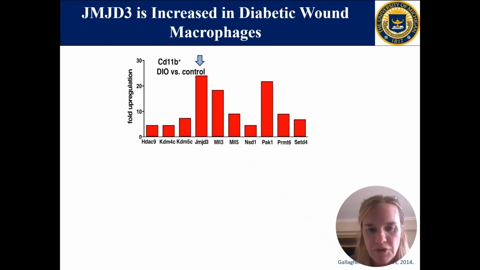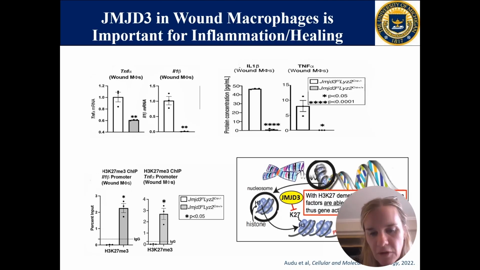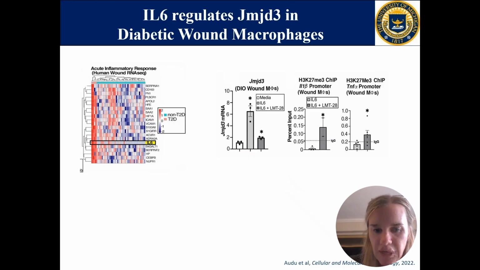And we found that JMJD3 was significantly increased in diabetic wound macrophages, again, from human and murine models of diabetes, and seems to control some classic inflammatory genes, TNF, IL-1B. When we look at it with our floxed mice, we can see that it's regulating these genes. In humans, we can see that in type 2 diabetic wounds, JMJD3 is really strongly increased. And it seems to be driven by an IL-6 receptor-mediated mechanism.